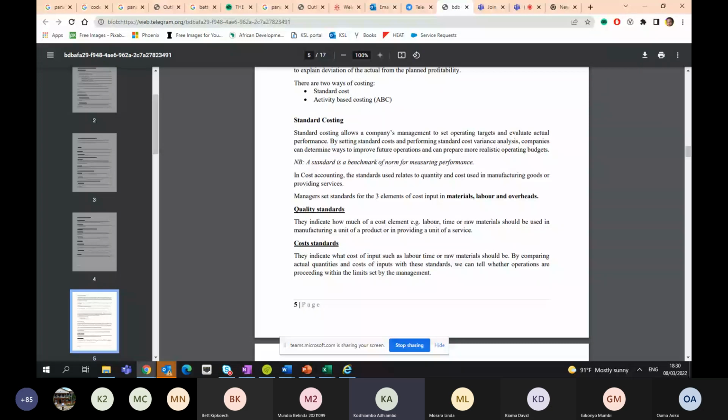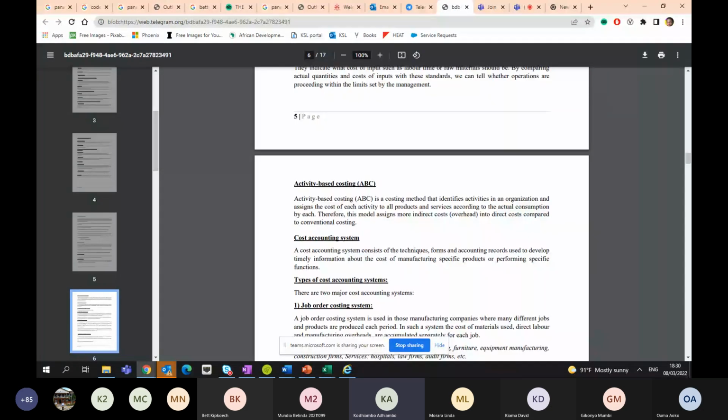Then activity-based costing is about figuring out, for example, how much it costs me to do production, how much it costs me to do marketing, how much it costs me to file. So basically the different activities and costing for them.